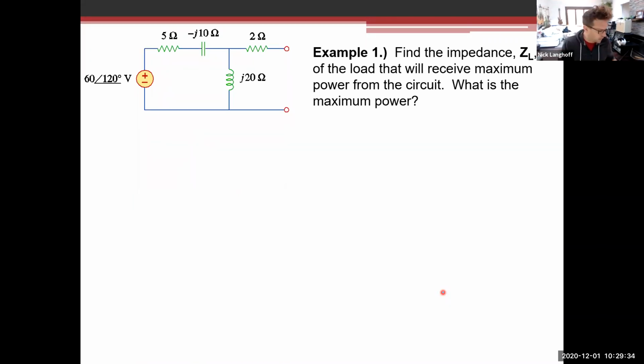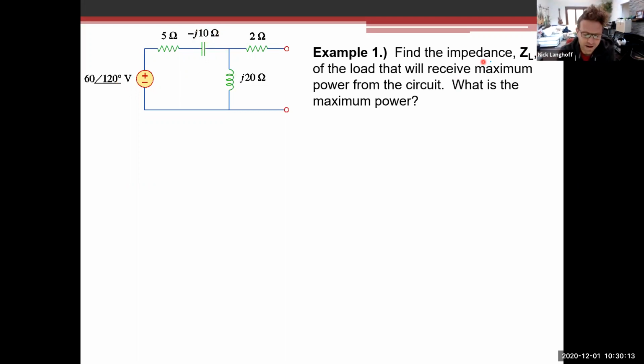Okay, so here we've been given a circuit that has a voltage source with 60 volts at a phase angle of 120 degrees. We don't know the frequency, that hasn't been given to us, but the impedances of the capacitive and inductive elements have already been calculated at whatever omega is, and they give us negative j10 ohms for the capacitor and j20 ohms for the inductor.